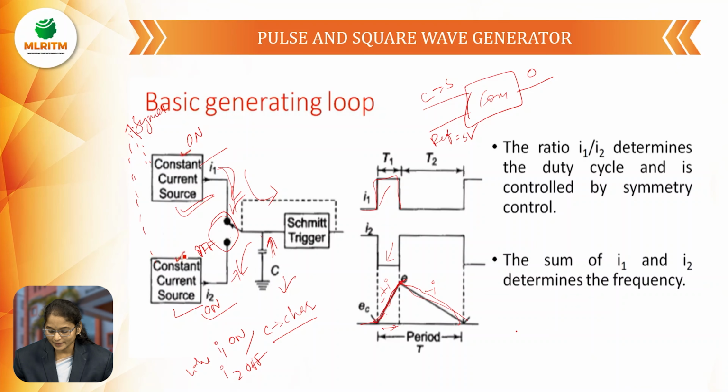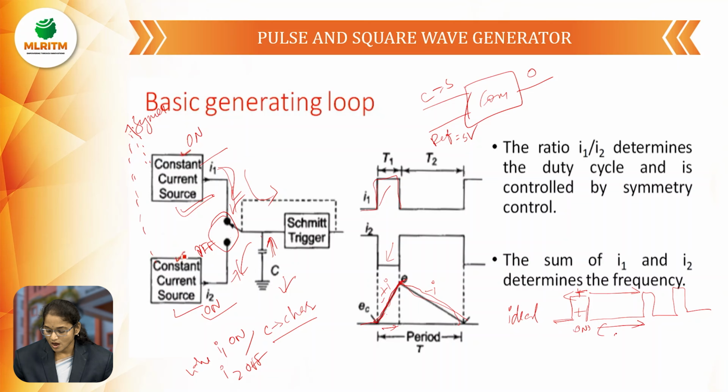Ideally, if we are generating a pulse signal, the on time and off time are different. Ideally, we will get a signal like this. This capital T is the time period. This is the width, the on time.